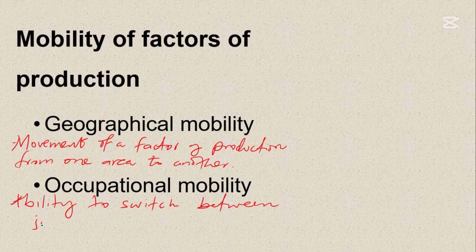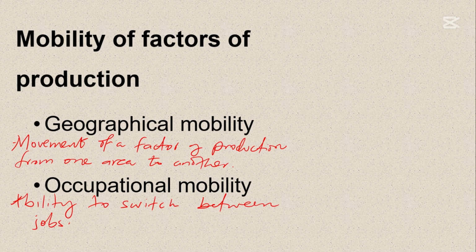What do we mean here? We mean that you've been doing a certain job, then all of a sudden you change that job and start doing another job. For example, an accountant who has been working in a bank, once they stop working for the bank and perhaps they choose to become a teacher of accounting, that is occupational mobility.